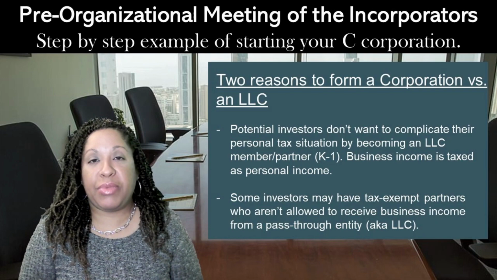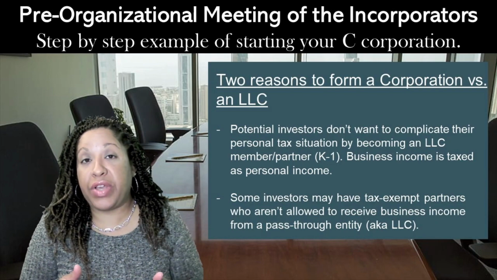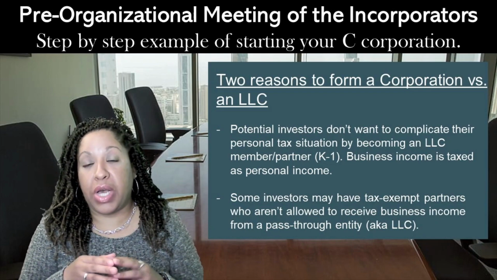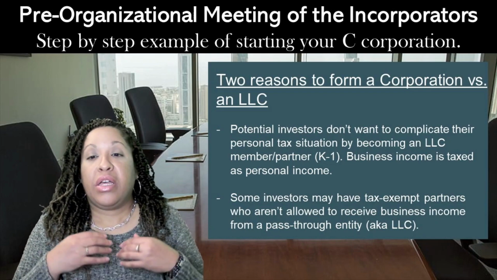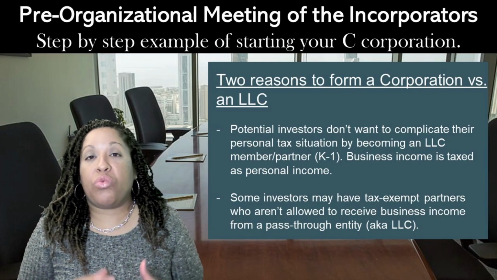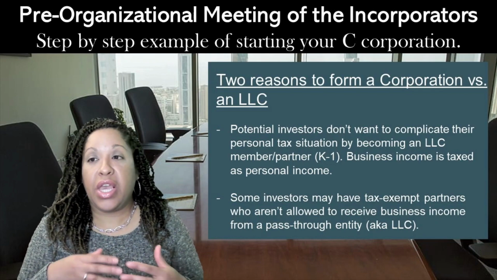So basically what this means is, if you have an LLC and you have investors that have given you money for the LLC, your LLC makes money. Certain investors just don't want the hassle to complicate their personal taxes.